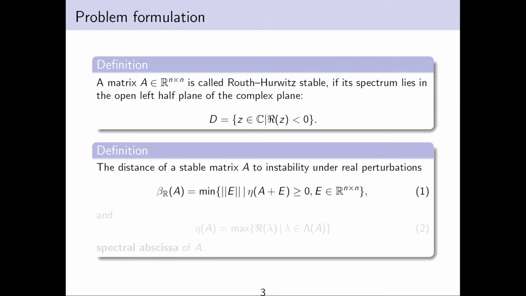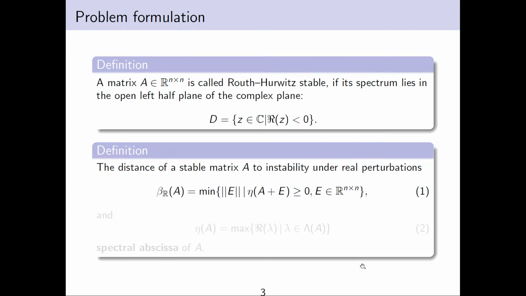Given a matrix norm, the matrix Y of minimal norm is called the destabilizing perturbation. With this notion, the notion of distance to instability or real stability radius is connected. Here you can see its formal definition, the formula 1.